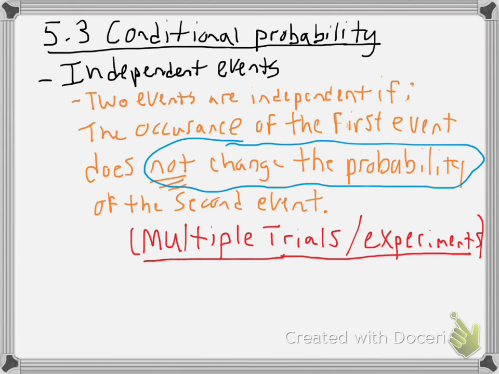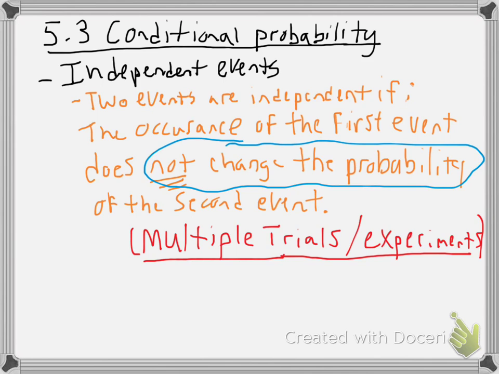The other main thing I want you to keep in mind is when we talk about independence, in general we're talking about having multiple trials of an experiment, or even having multiple experiments where we're talking about the outcome from one experiment and the outcome from another experiment happening consecutively. But the key thing is multiple trials.